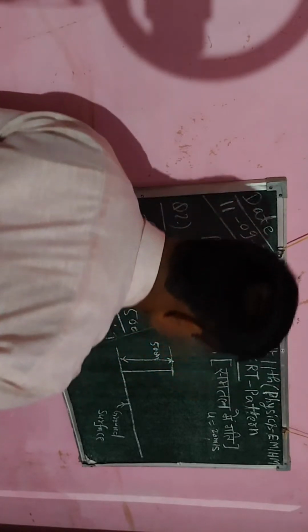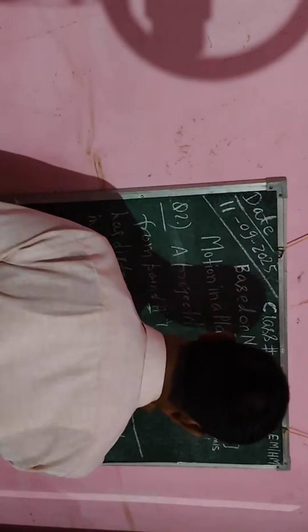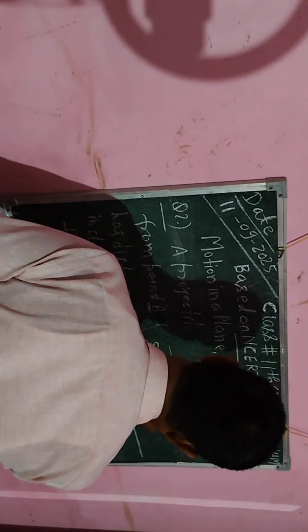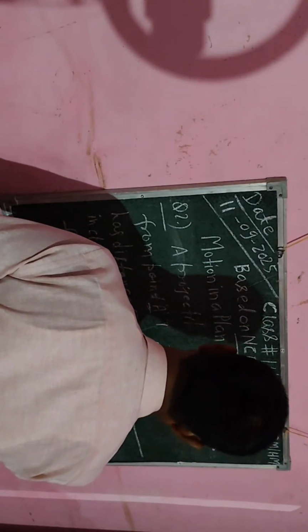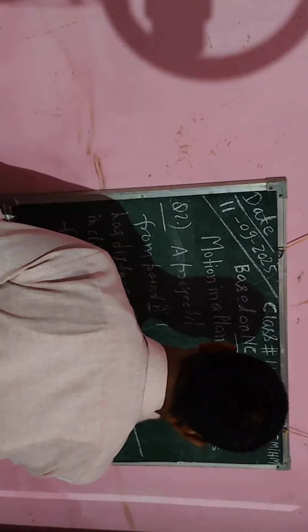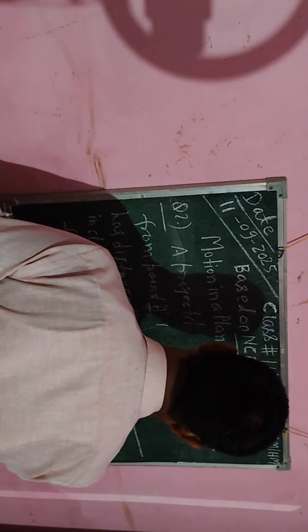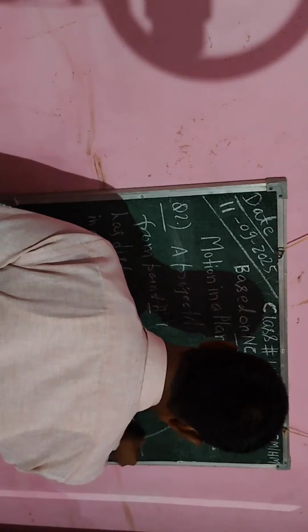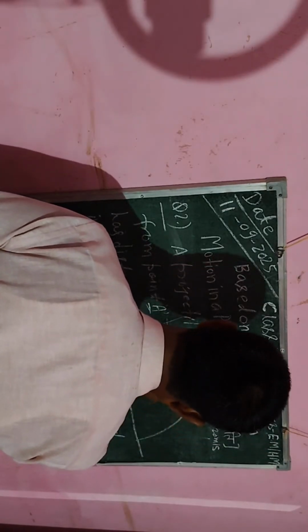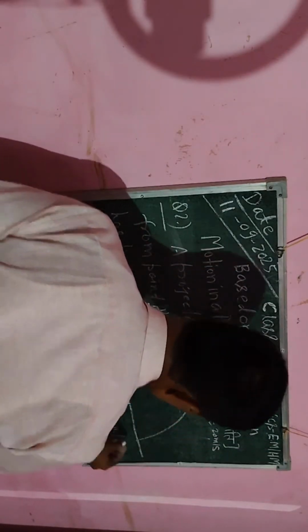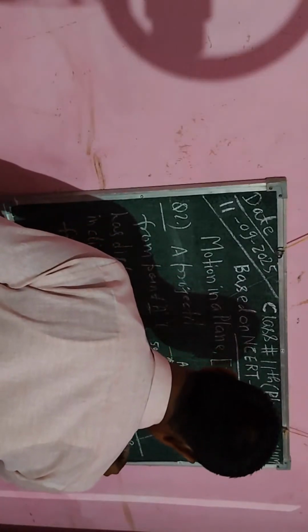Now I will draw a line which is parallel to the ground axis. Now from this, the projectile is moving and it is coming down like this. So this point I will call A and this point I will call B.